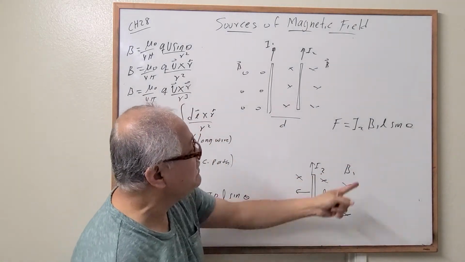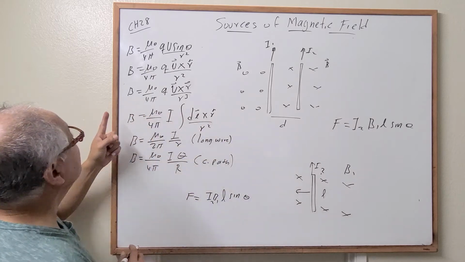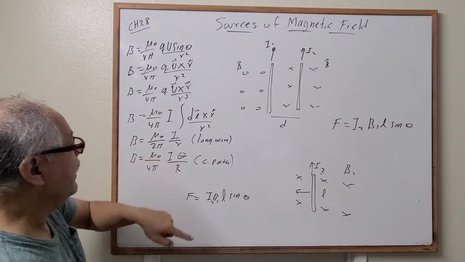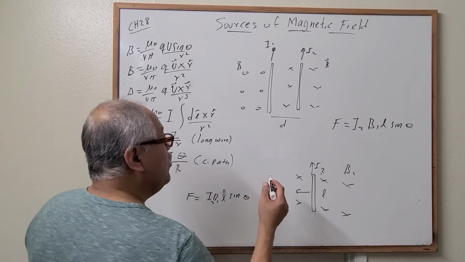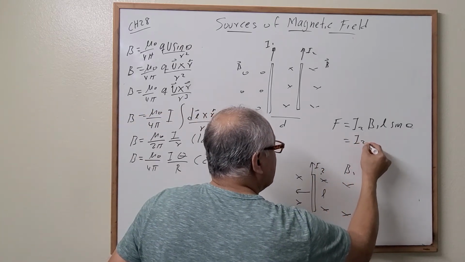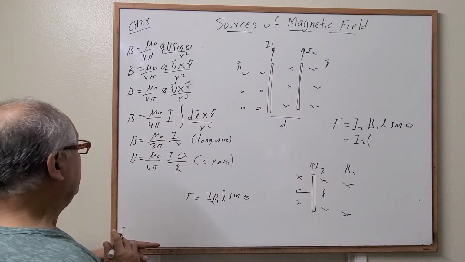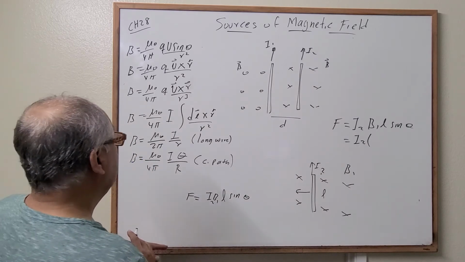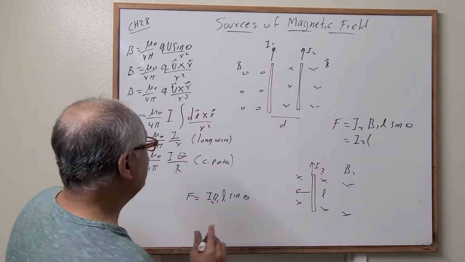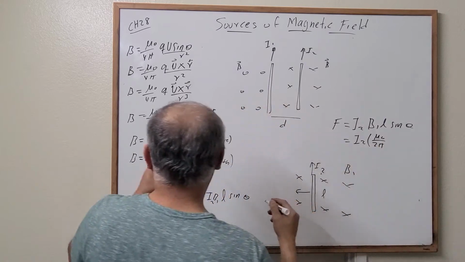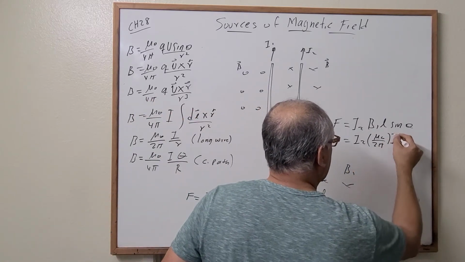Great. And what is B1? B1 comes from this equation for a long wire. So B1 is equal to mu naught over 2 pi, times current, which current is this one?